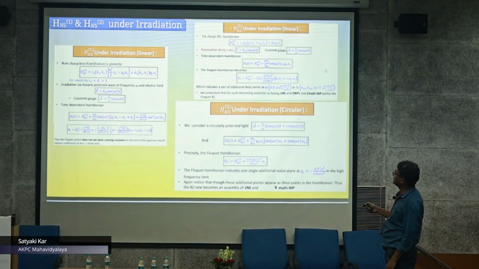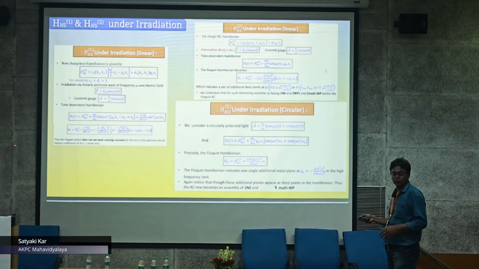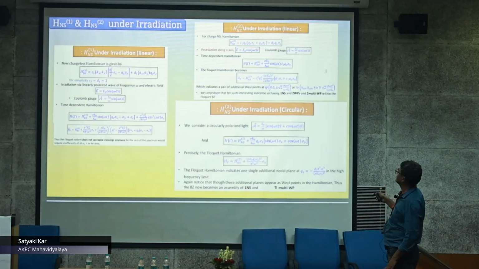If we have a linear electric field of linear polarization, that ends up giving us a Hamiltonian like that, which doesn't have any gap at all. So it doesn't have any nodal surface, nodal line, or nodal Y point. But the other one, the one we are more interested in, there if we put some electric field, both for linear and circular polarization, we can get some nodes.